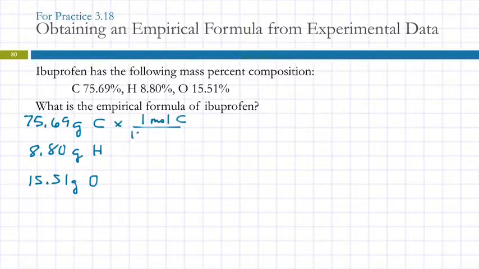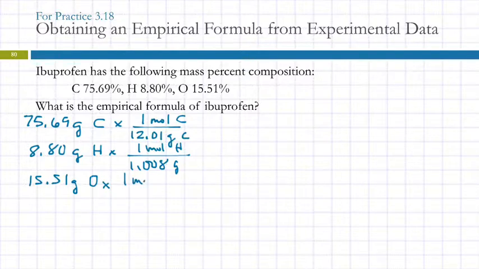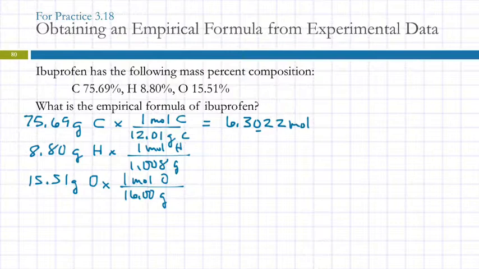We're going to go to moles of carbon, and we want to convert to moles of hydrogen and moles of oxygen. 75.69 divided by 12.01 is 6.3022 moles. 8.80 divided by 1.008 is 8.7301 moles.